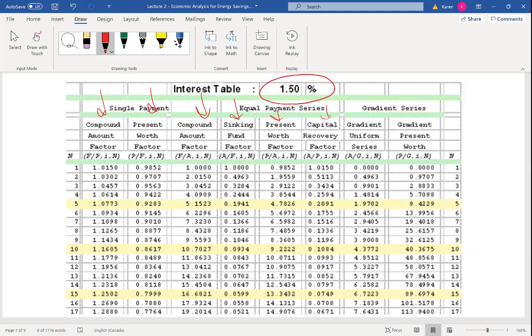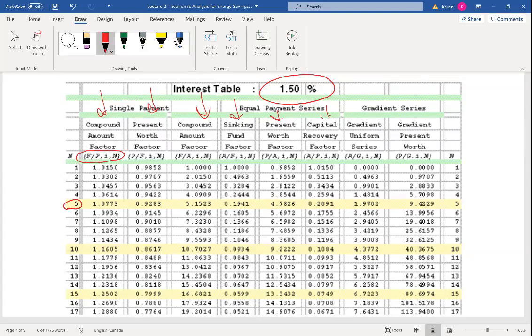And then you're going to choose a formula or a factor according to what you want to figure out. So for example, if you want to figure out the future value, given the present value, the interest rate, and the number of periods, then you would take this column. Let's say you want to calculate the future value for 5 years, so here's your 5 years.